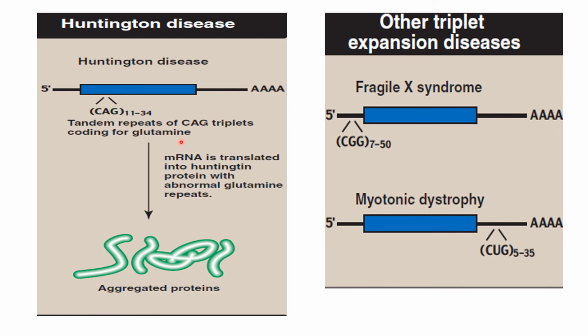So Huntington disease takes place when the trinucleotide repeat expansion takes place at the coding region, and thus gives rise to the amplification of glutamine, and this amplification will lead to proteins which are aggregated. And if it occurs at the untranslated region, then a shortening of the amount of protein takes place.